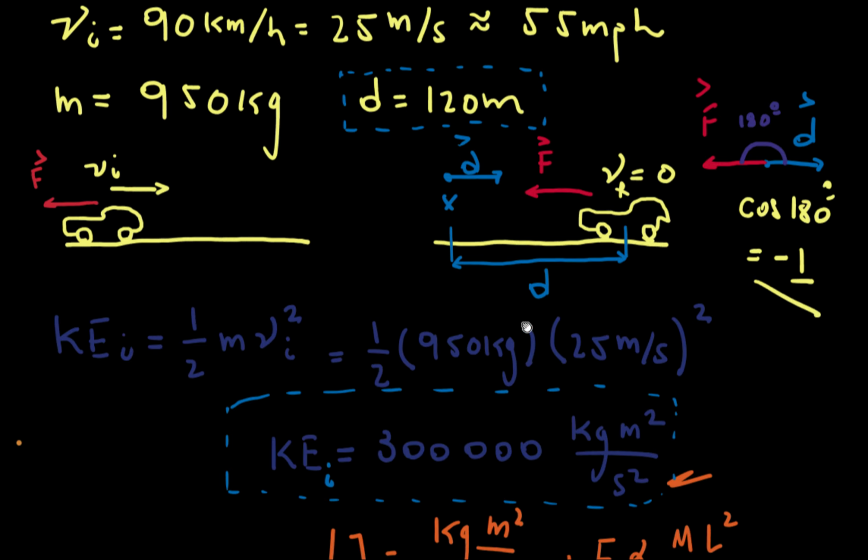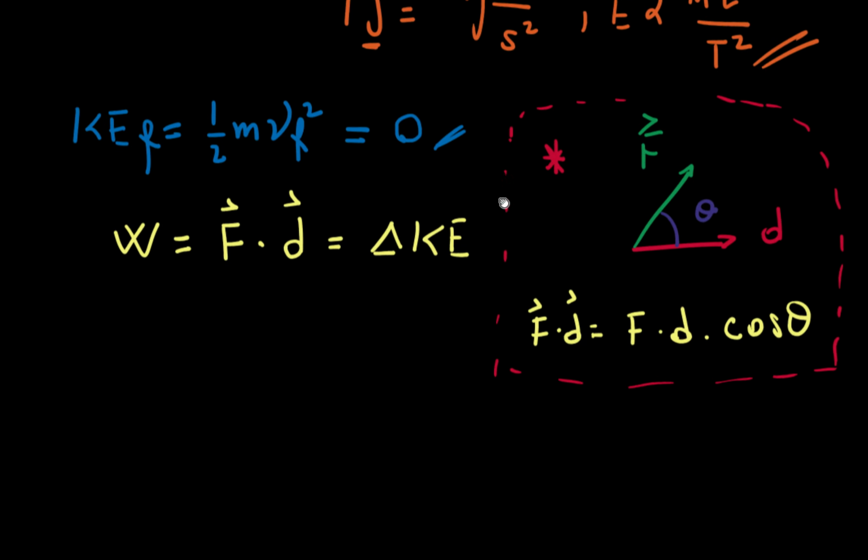So because of this, force times distance, specifically for our problem here in green, F times D will be equal to minus force times distance.